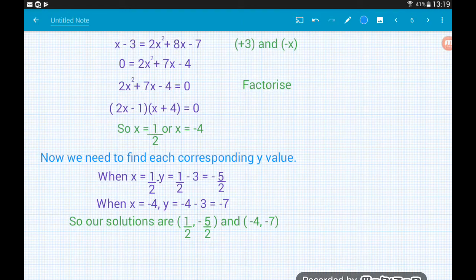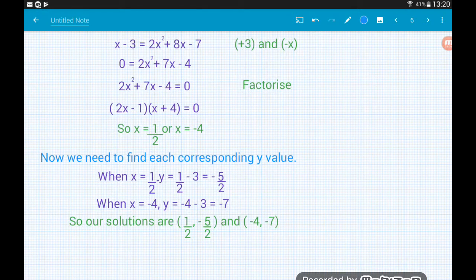Okay, so then we want to factorise the quadratic. If you're shaky on that at all, check out my video on it. And then once we've factorised, we can solve the quadratic and get our two values. So remember what happens here, the values swap. How did I get x equals a half from 2x minus 1?